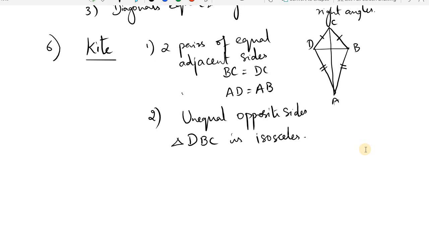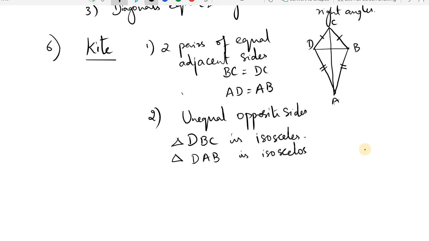Now if I take triangle DAB, here for both of them the base is common, DB. So here too DAB is isosceles. So in these two triangles, this common base is bisected by the other diagonal.